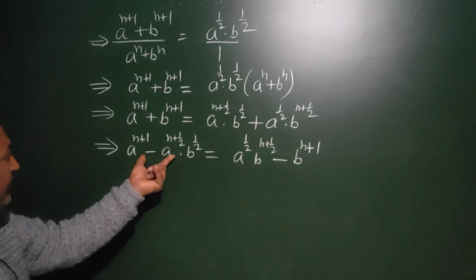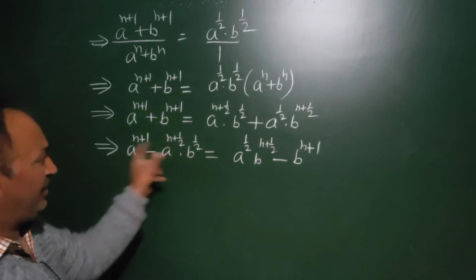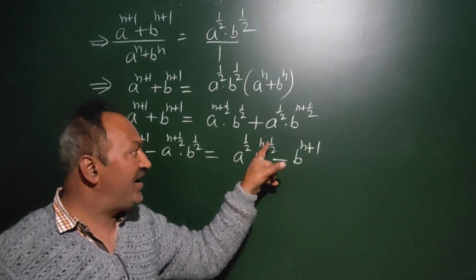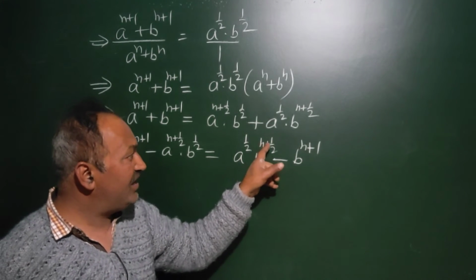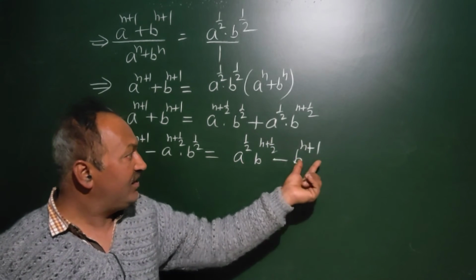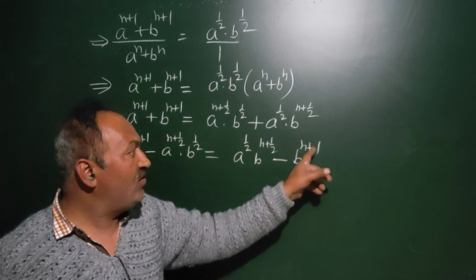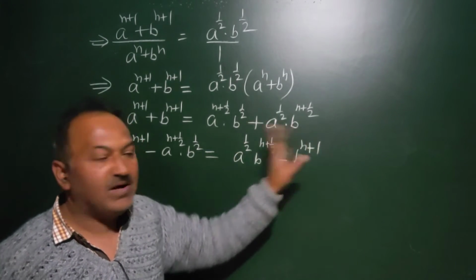Now from here, taking a^(n+1/2) common, and from this taking b^(n+1/2) common. If we take b^(n+1/2) common, therefore here we will get b^(1/2).